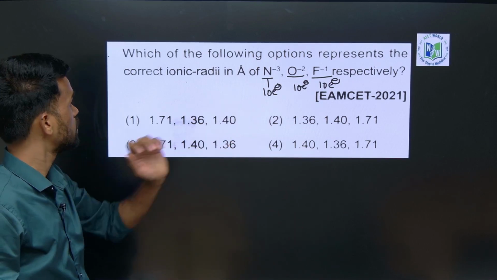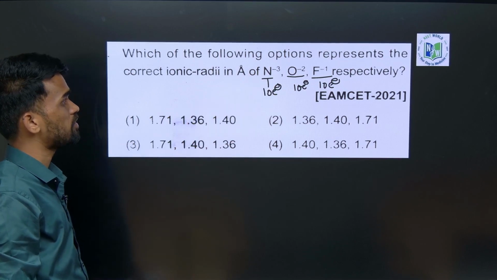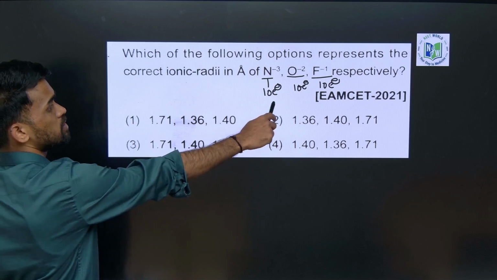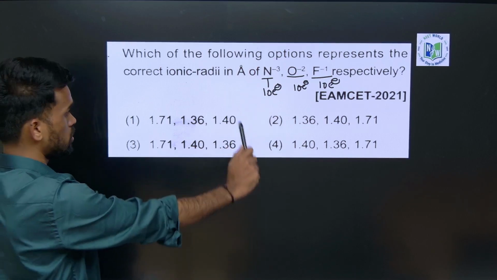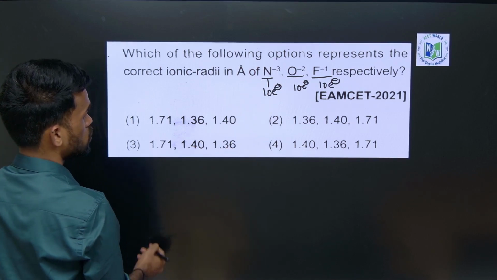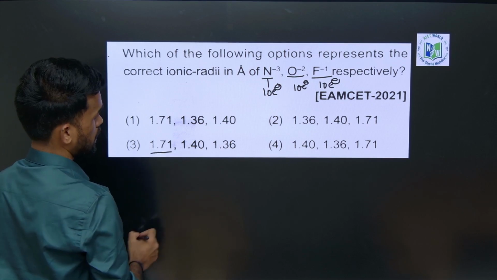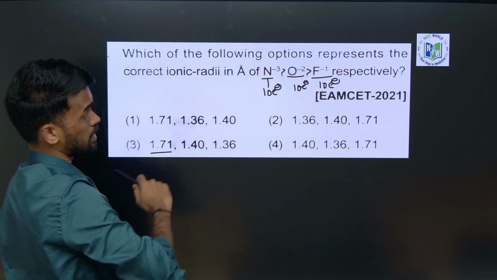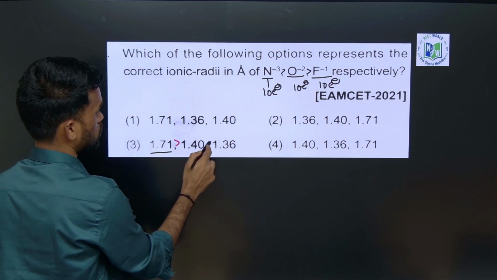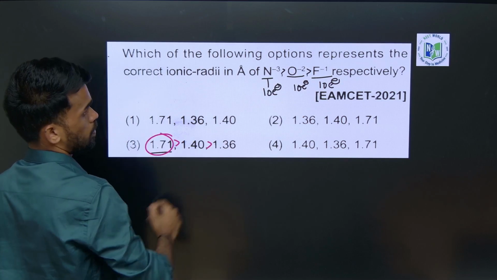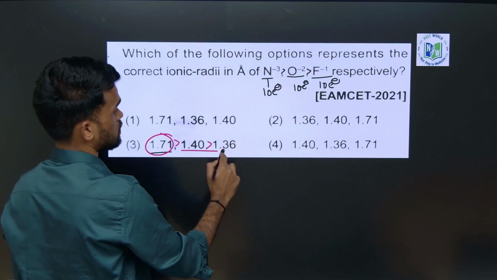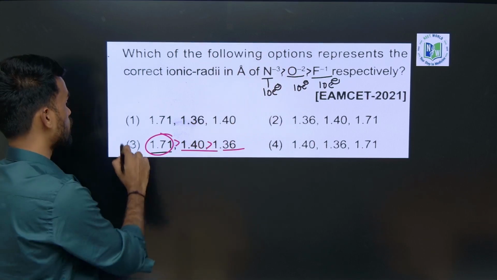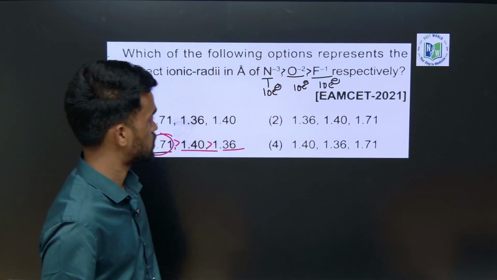Based on that just compare the values. Nitrogen has the more negative charge, so the bigger value should be there. Then next, make the order like this: nitrogen, then oxygen, then fluorine. That's how you can answer this question. Very simple questions.